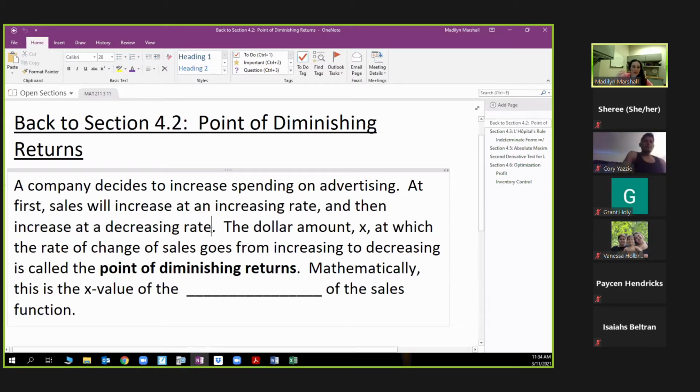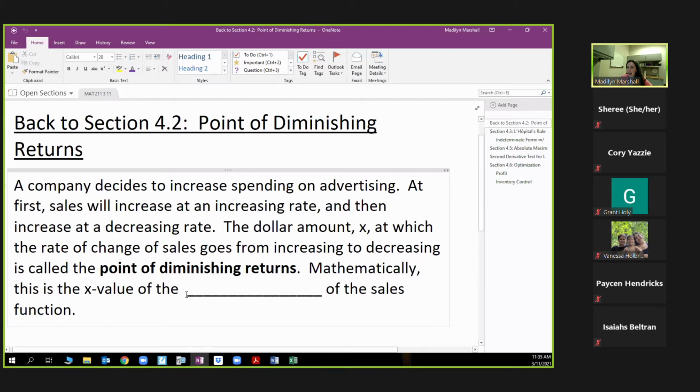If we're putting more money into advertising, sales are increasing this whole time. But we're saying at first they're increasing at an increasing rate, and then they're increasing at a decreasing rate. So the dollar amount X, at which the rate of change of sales goes from increasing to decreasing, is called the point of diminishing returns.